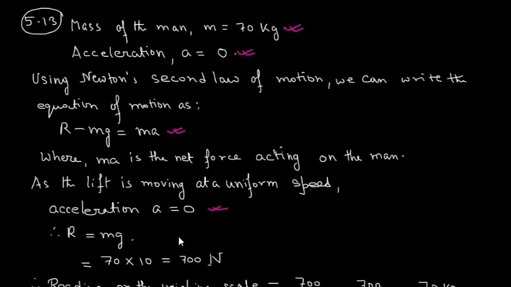Since acceleration a is equal to 0, R is equal to mg. Putting the value of m and g, we get 700 Newton.